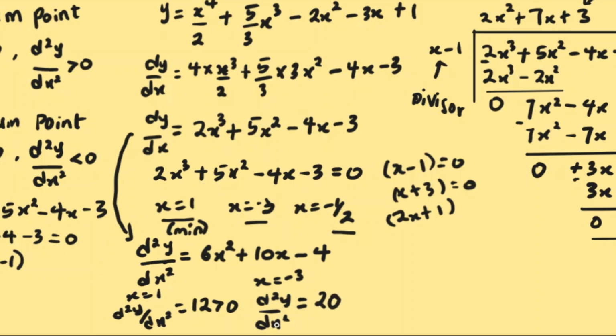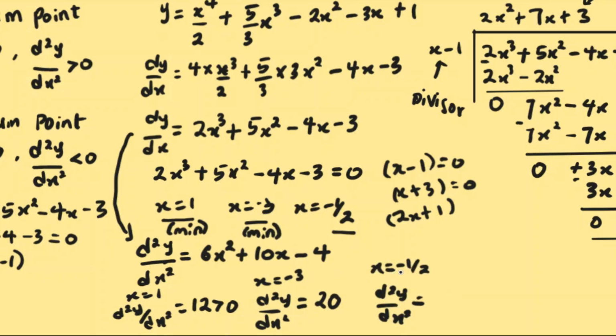When d²y/dx² is equal to 20, is it greater than 0 or less than 0? It's greater than 0. So it means minus 3 is also a minimum point.